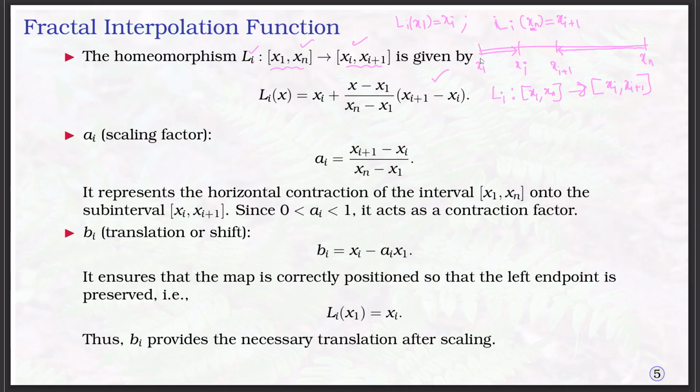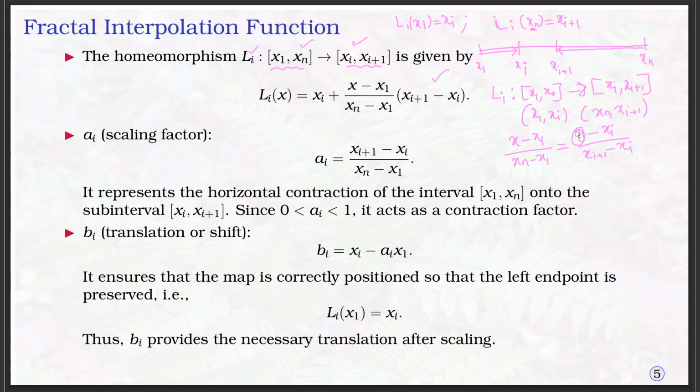Now, if we find the line joining these two points, we can take x1, xi and xn, xi plus 1. For the line joining these two points, (x minus x1) over (xn minus x1) equals (y minus xi) over (xi plus 1 minus xi).